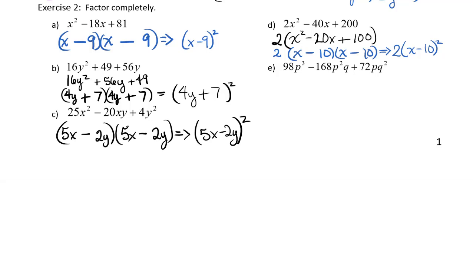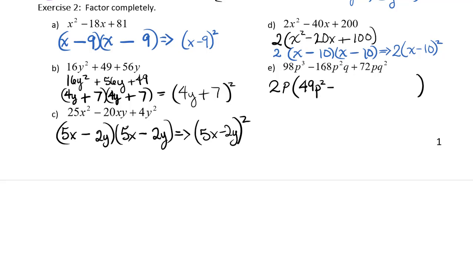Now let's just double check that we don't need to factor anything out. We actually do. We need to factor out a p that's common to all three terms. And it also looks like 2 is a common factor. So if I divide out 2 and p, I'll have 49p squared.